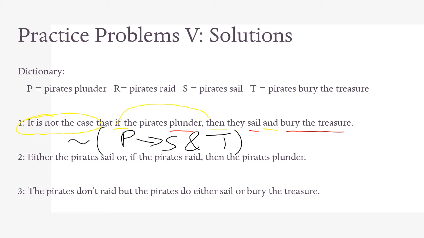Since I don't see a both here, it seems like this is the place to put the parentheses around here, mainly because it's saying if the pirates plunder, then they sail and bury the treasure.